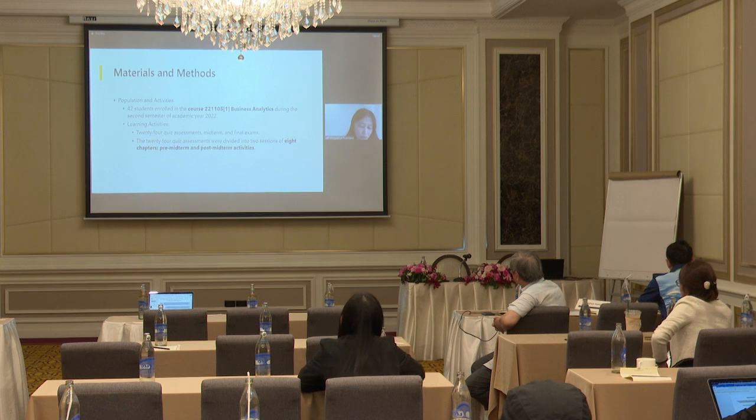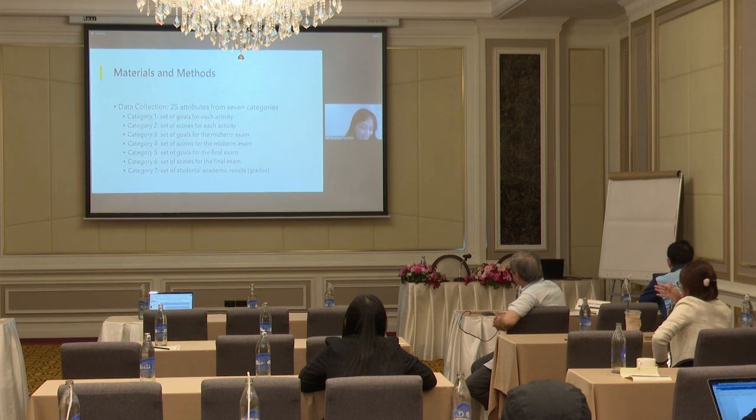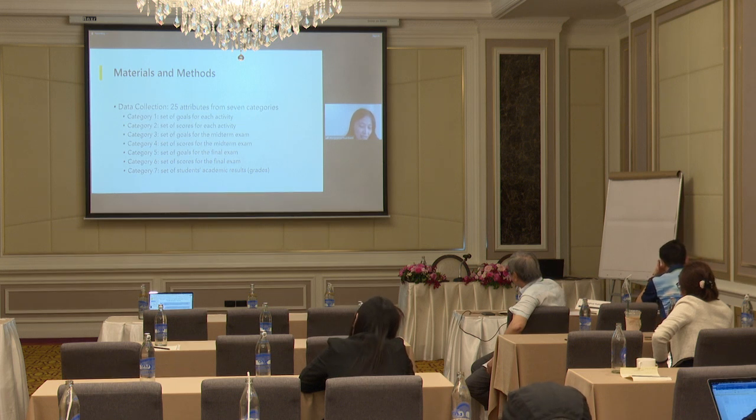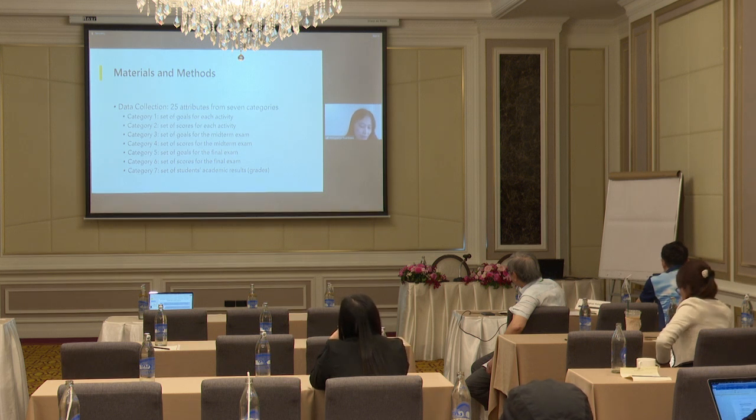Next, go to data collection. The data collection was a record of score according to the three main objectives based on the self-regulated learning principle. It was designed for this research. The instructor assigned learners to set goals for each activity.